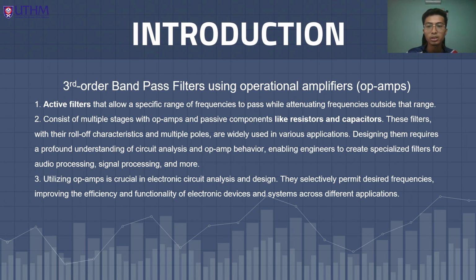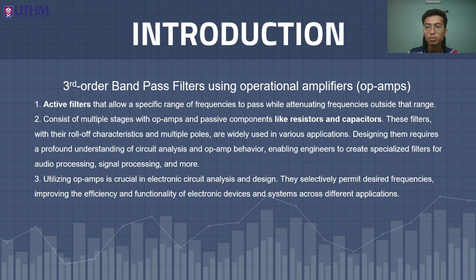But for this project, we are going to use active filters, which allow a specific range of frequency to pass while attenuating frequency outside that range. For the band pass filter, from here we go up and then we go down, so we accept only the frequency that we want, which is a specific range.